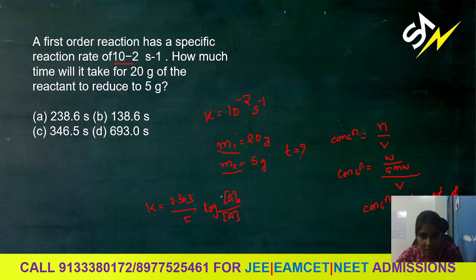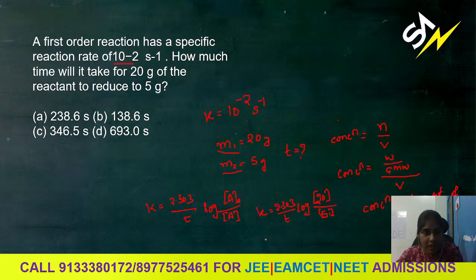Since these concentrations are directly proportional to the weight of the reactant, we can take initial mass by final mass. So K is equal to 2.303 by T log of initial mass, 20 grams, by final mass, 5 grams, right?